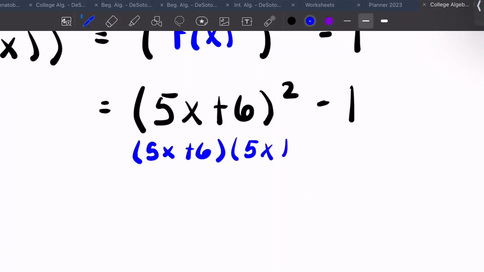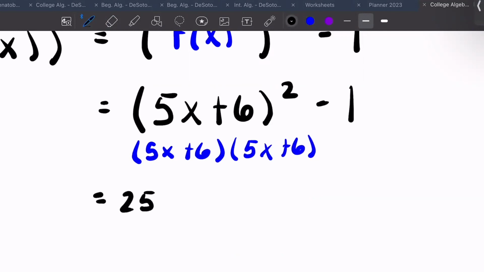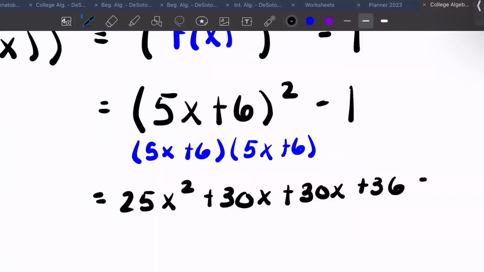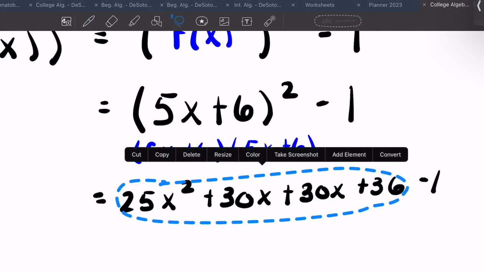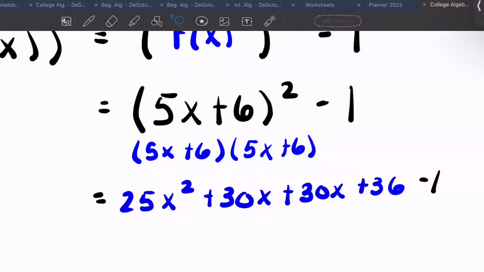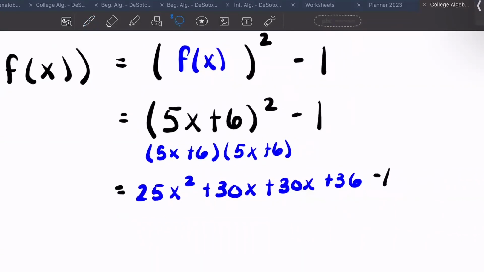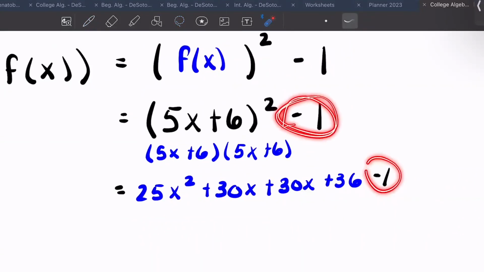5x plus 6 squared looks like this. So you're going to FOIL it. And you get 25x squared plus 30x plus 30x plus 36 minus 1. I'm going to change this color to blue so you can see where I stopped foiling. I still had to account for my minus 1. Don't forget that.